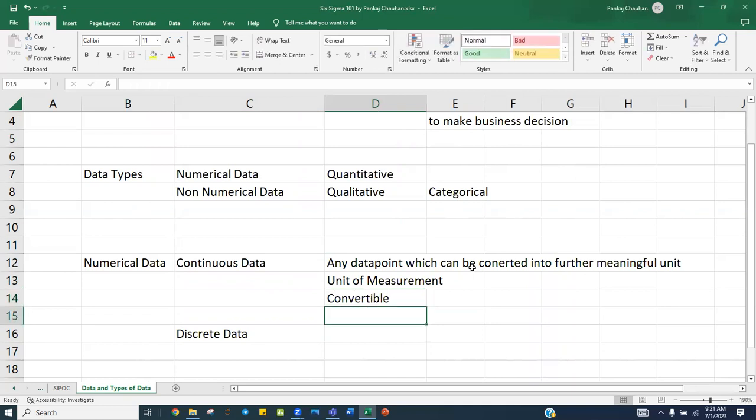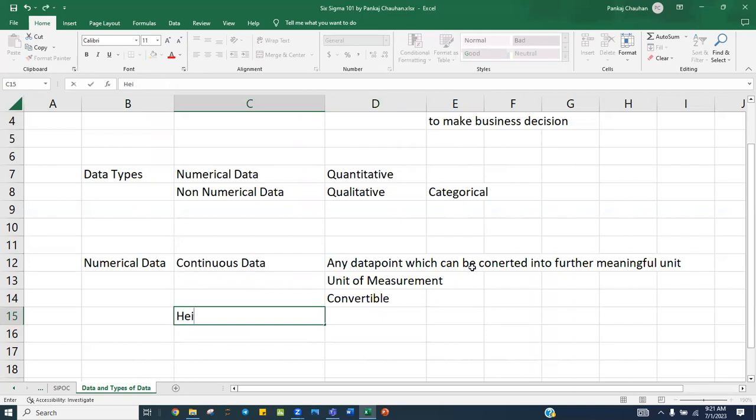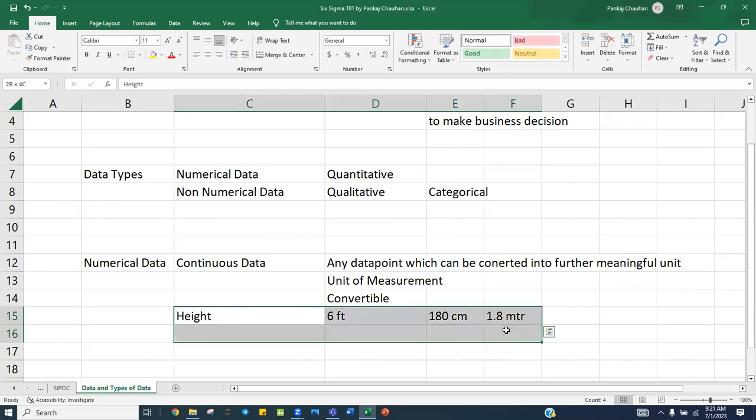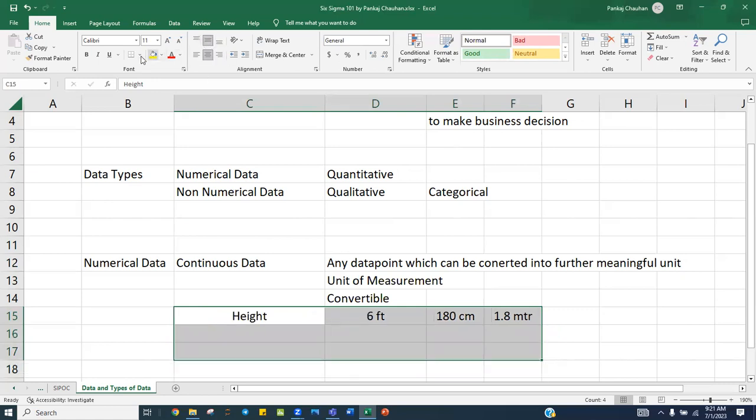For example, let's say my height. I will say my height is 6 feet, or you can say it is 180 centimeters, or you can say 1.8 meters. In all these three values, my height doesn't change. This is only the way I'm representing it.